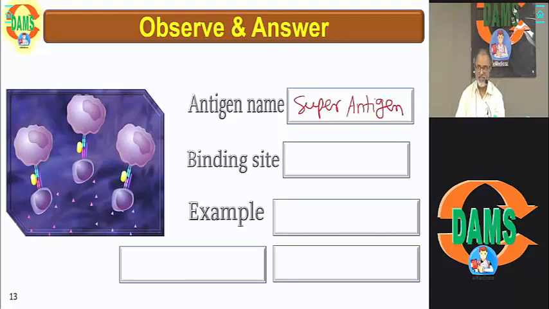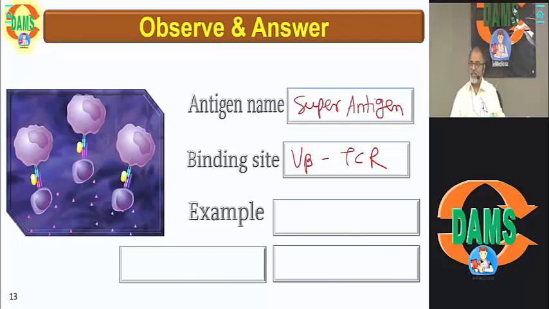What is the binding site? If you see your textbook, it's already there in the textbook. Variable beta side chain of the T cell receptor.